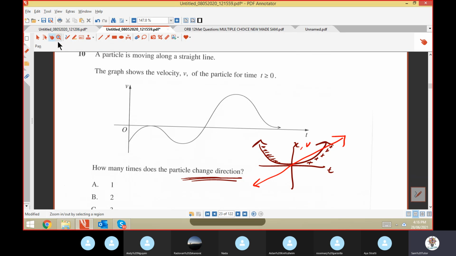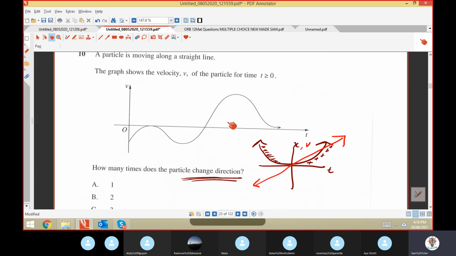So you can tell that it's changing direction from decreasing to increasing when your stationary points occur, so they become your intercepts. So essentially, you're changing direction whenever your velocity equals 0, right? Because you're changing from, again, decreasing to increasing.